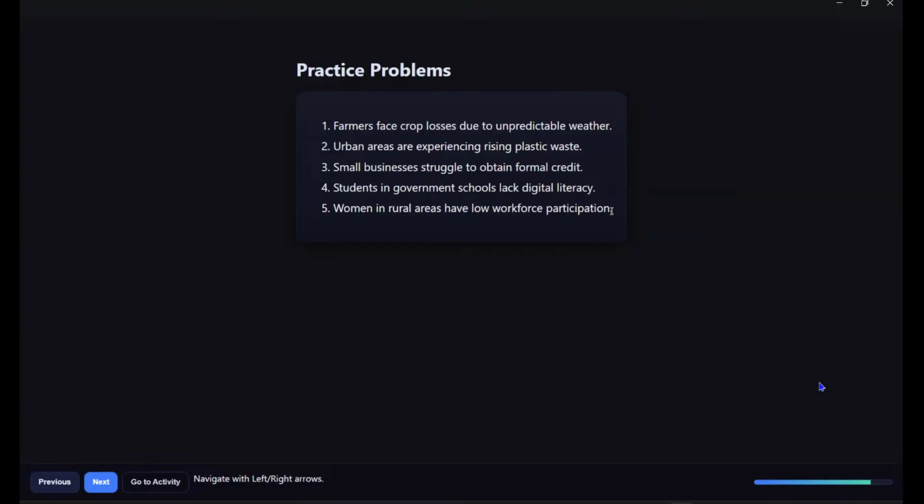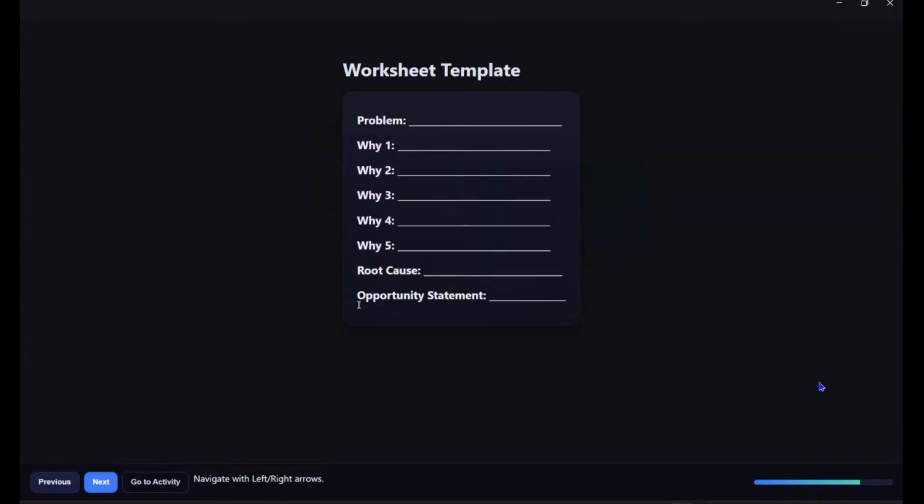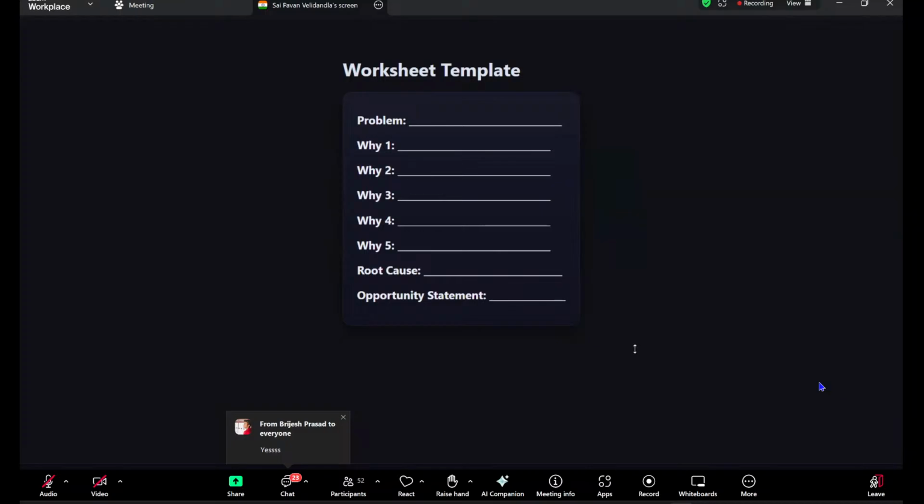So you can pick one among these 5, or you can also pick from the given link. I hope everyone can access the link that I've shared. Is it opening? Okay, please do that. So this is all I wanted to share with you today.